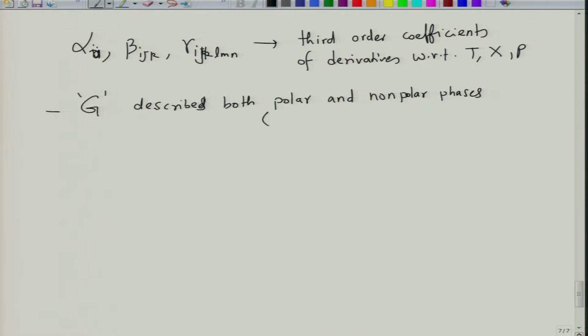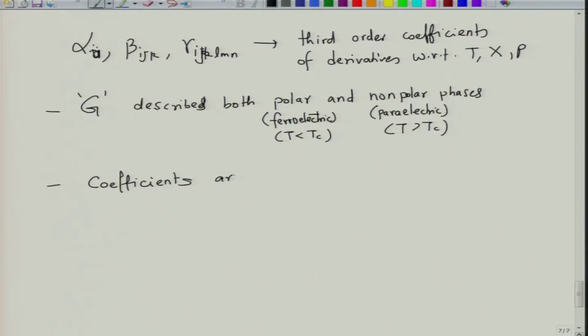Polar will mean that it is the ferroelectric phase, and non-polar will mean the paraelectric phase. So, this is T less than Tc and this is T greater than Tc, right. And then all the coefficients, as we see, are vectors or tensors depending upon the coefficients, okay.